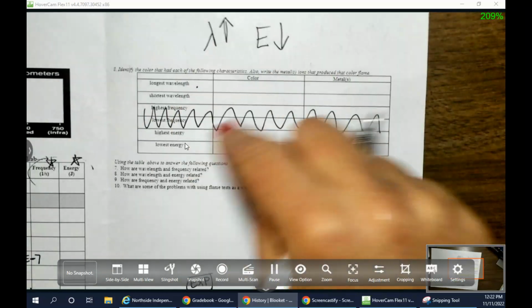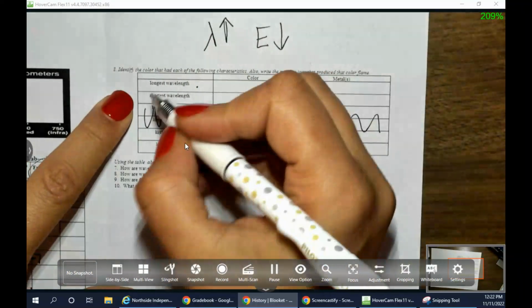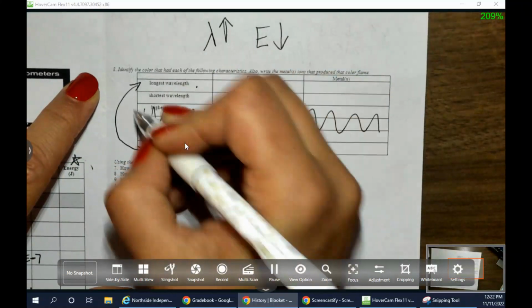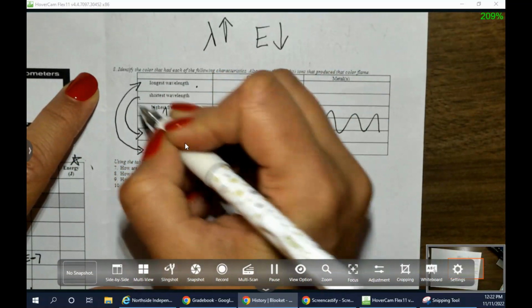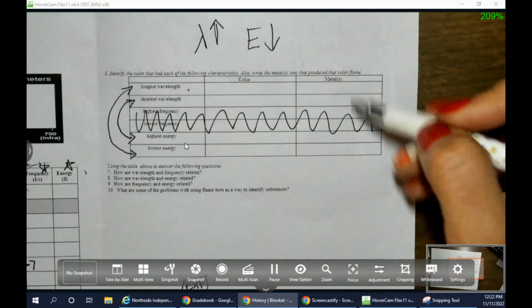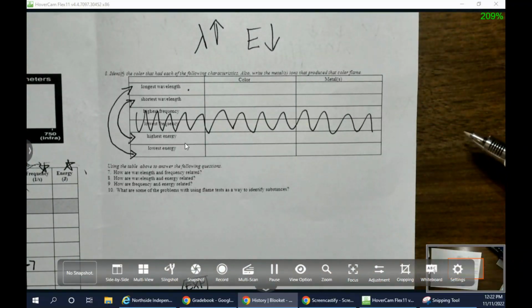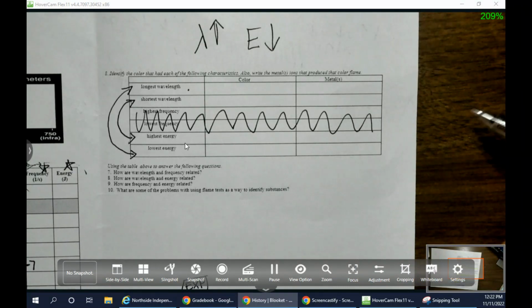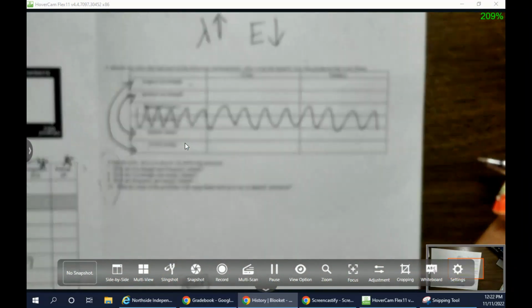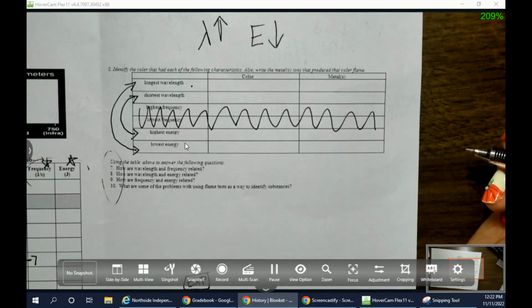They are indirectly related. So what that tells you is that your longest wavelength will have the lowest energy. Your shortest wavelength will have the highest energy. So you should be able to fill those two things out. It'll be a repeat answer, just so you know. And then this, you'll be fine. Go ahead and just knock those out. All right, quick answers. And then as soon as you're done with that, you just turn it in.